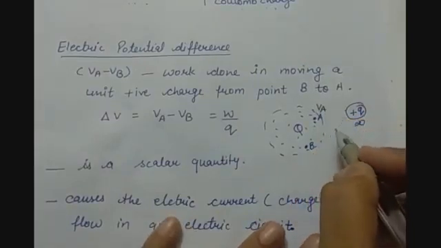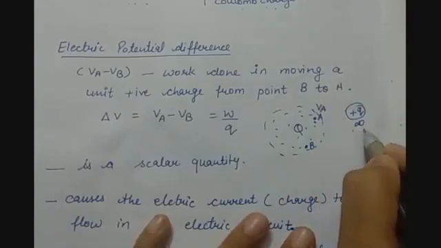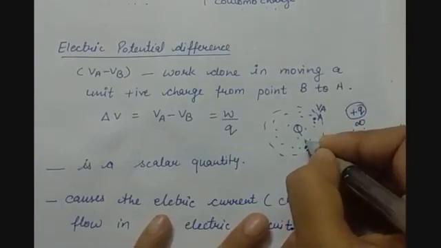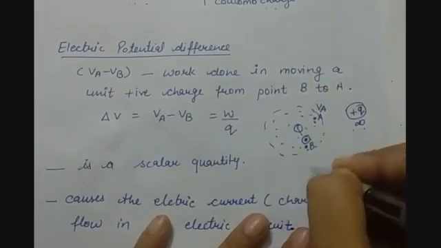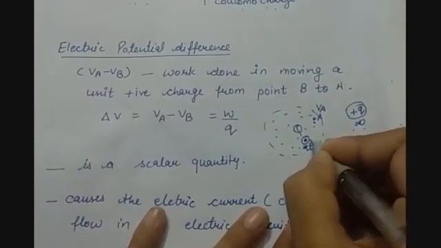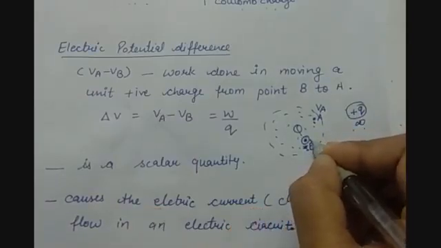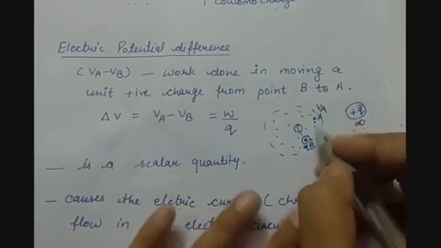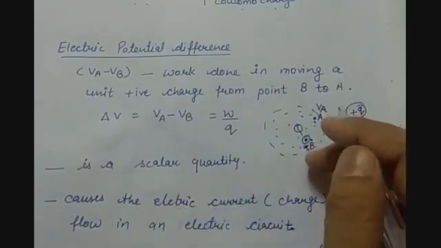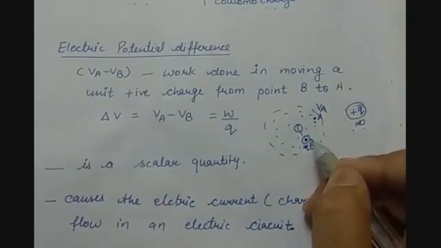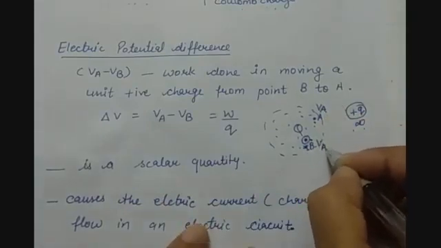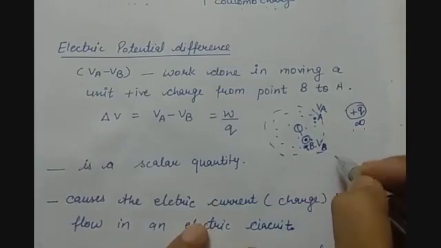If we bring the unit positive charge from infinity to point B, let's say B is closer to the nucleus, then this potential will be more than VA, because here the force of repulsion will be more. So more work is to be done to bring it to B. So this potential will be VB.